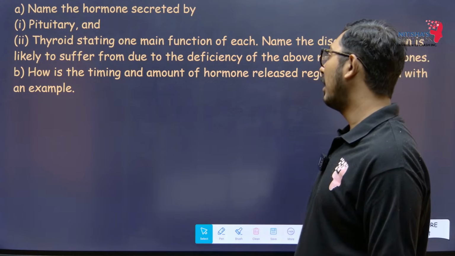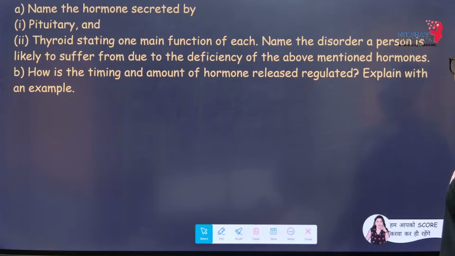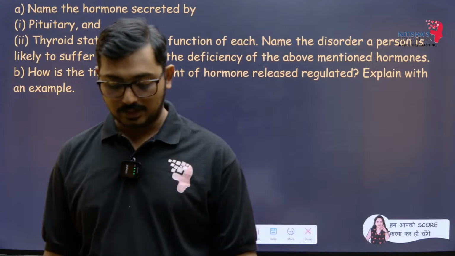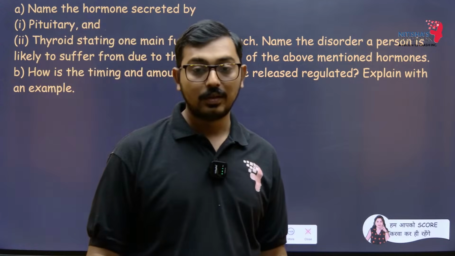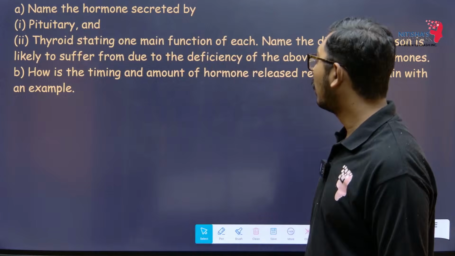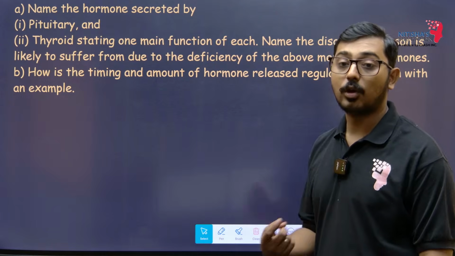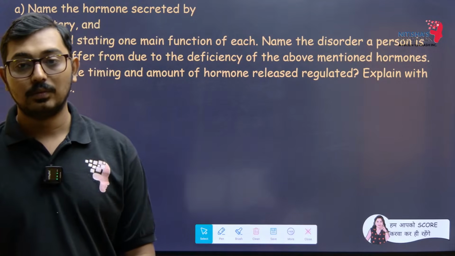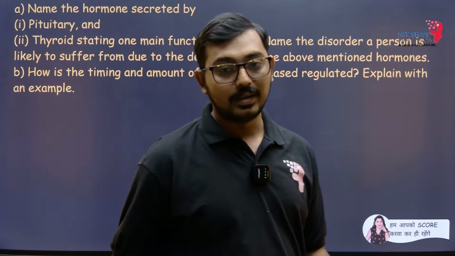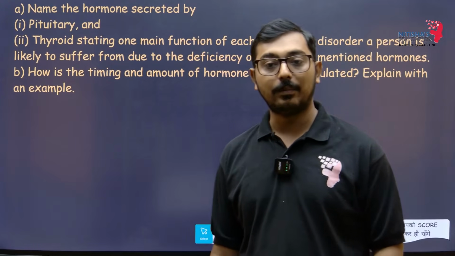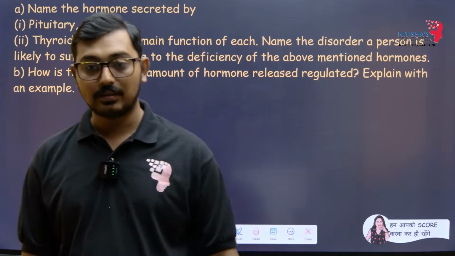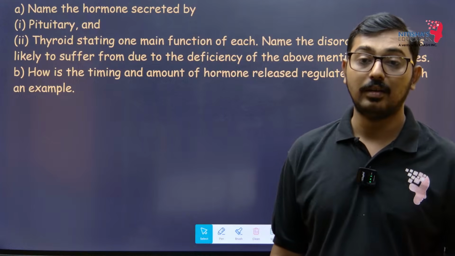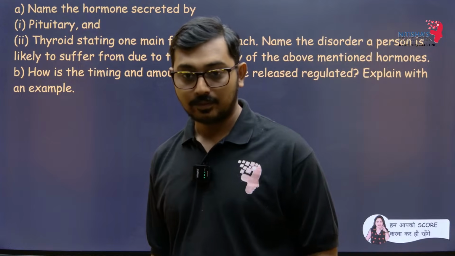How is the timing and amount of hormone release regulated? Explain with an example. Timings: when should the release of these hormones take place, or how much hormone should be released? Who manages that? For that, an increase in sugar level is responded to by the pancreas. To regulate sugar level, the pancreas releases insulin.